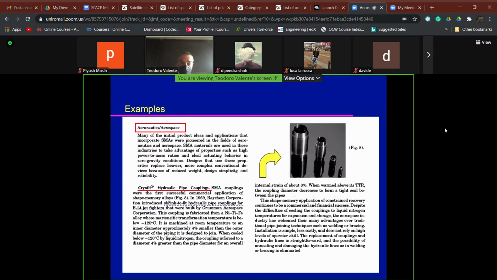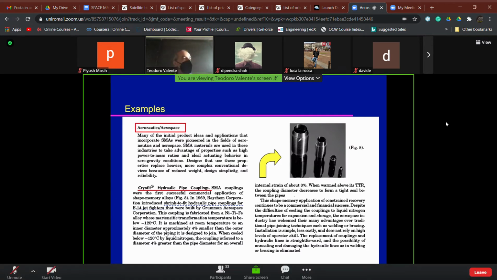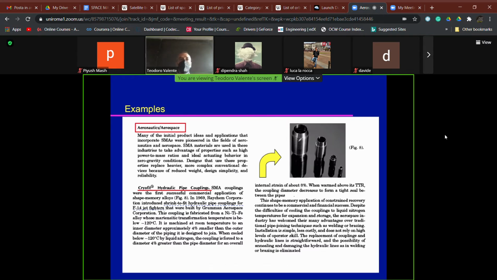This has been used, for example, in the so-called cryofit hydraulic pipe coupling in the F-14 jet fighters. So it is not a very commercial application. And you see here the insert that in that case was made of Nitinol, a shape memory alloy, with exactly the same principle we have qualitatively discussed here.